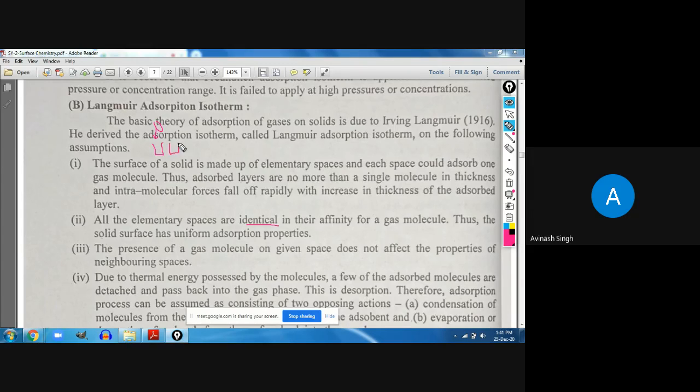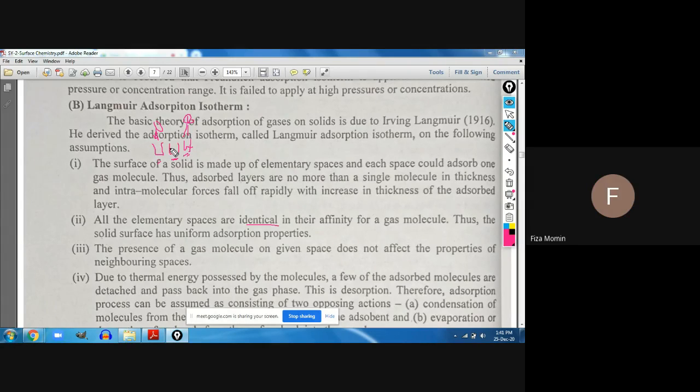See, here this space has two neighbors. Both the neighbors are occupied. I am talking about this space: both the neighbors are occupied, this also occupied, this also occupied.